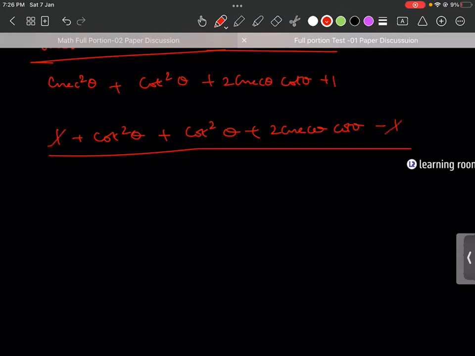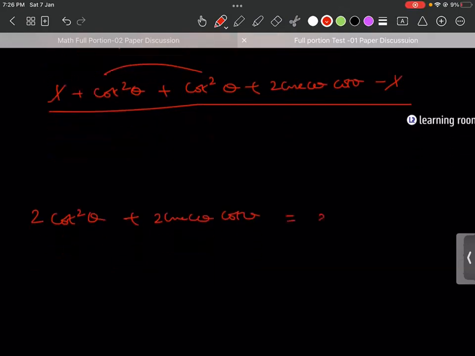This and this will get cancelled. So I'm not touching the denominator as of now. I'll get 2 cot square theta plus 2 cosecant theta cot theta. So what can I take out common? I can take out 2 cot theta outside. I'll get cot theta plus cosecant theta.